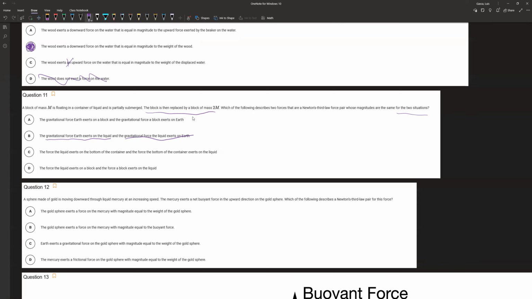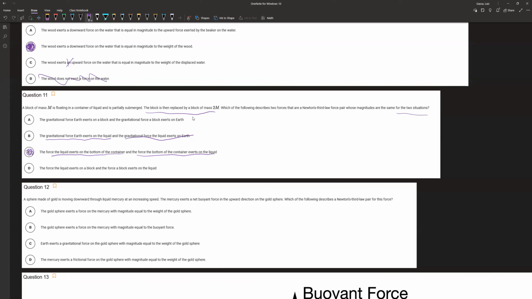It turns out our best answer choice is C. The force the liquid exerts on the bottom of the container, because this takes into account the new block that has been placed, as well as the old one. Regardless of either scenario, the force that the liquid exerts on the bottom of the container will be the same magnitude as the force that the bottom of the container exerts on the liquid.